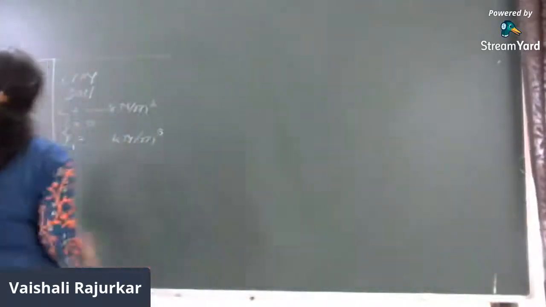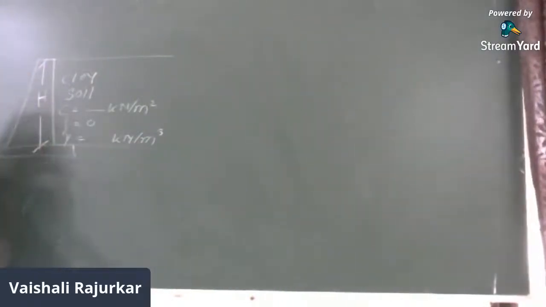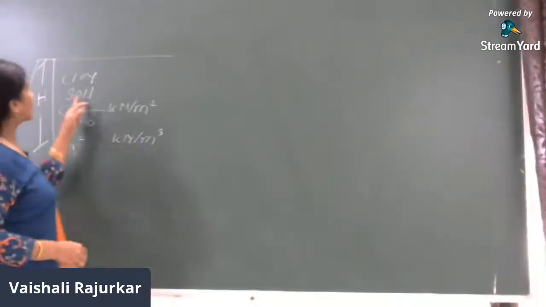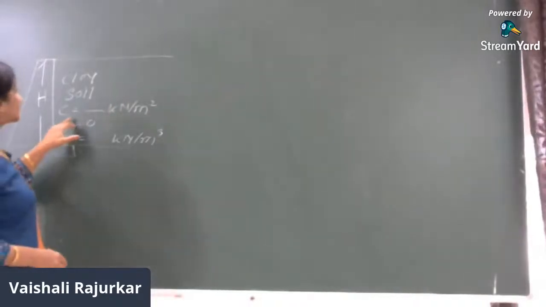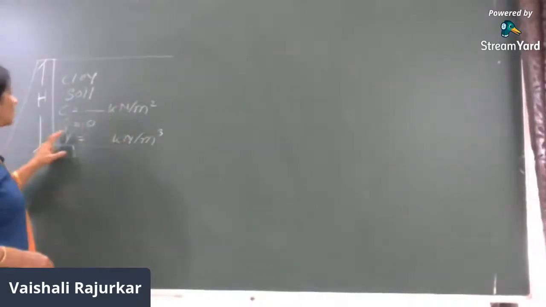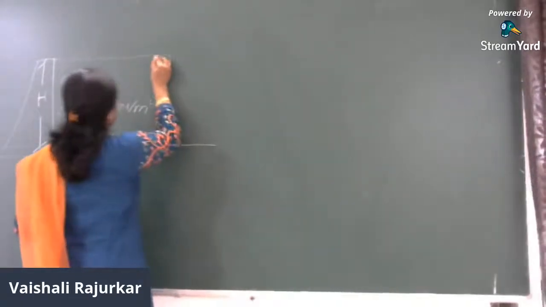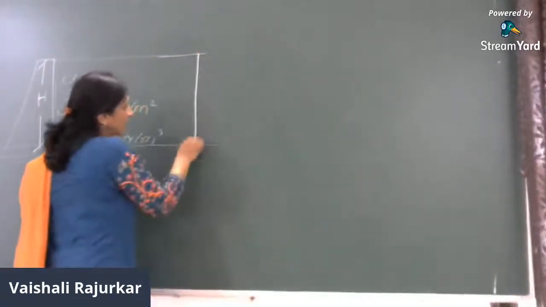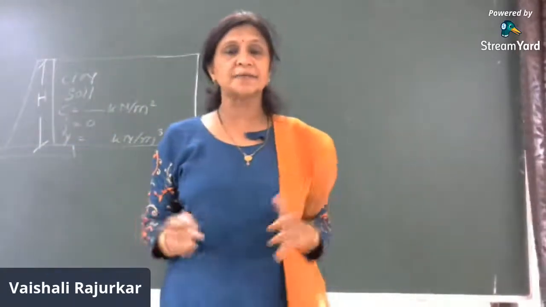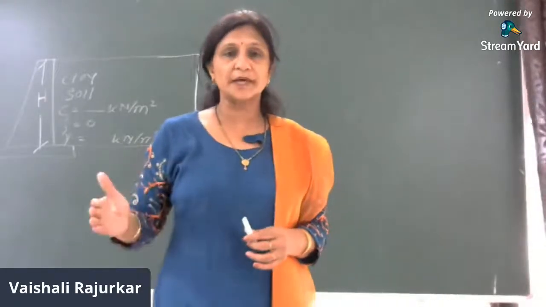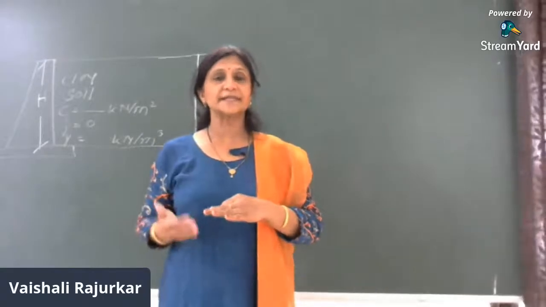All these things we have already discussed in the previous lecture. So H is the retaining wall, which retains cohesive backfill, that is clayey soil, having the properties C in kilonewton per meter square, phi is 0 and gamma in kilonewton per meter cube. Here we are assuming that the pressure is negative and positive because cohesive soils stand unsupported without any support. उसको support लगाने की जरूरत नहीं रहती है कुछ depth तक, and that depth is HC.